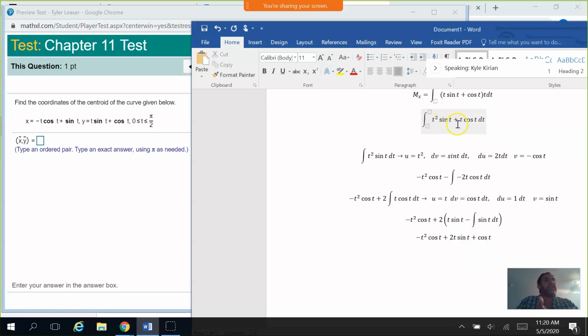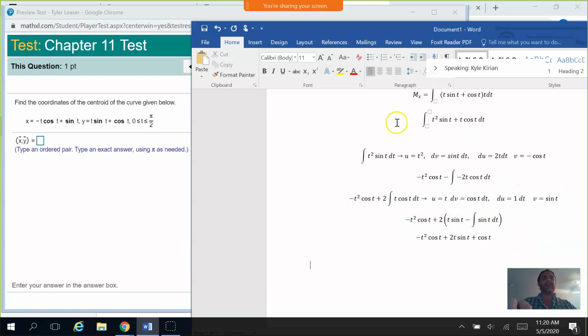And if you're really clever about it, we actually just found this one as well, the other integral that we had to find, because the other integral ended up coming into the second part of the integration by parts. So we already have what the antiderivative is for that.